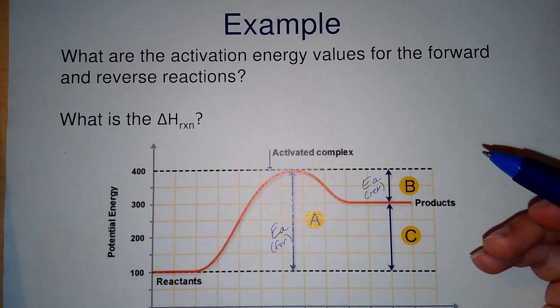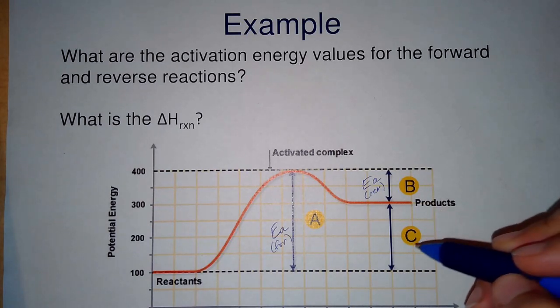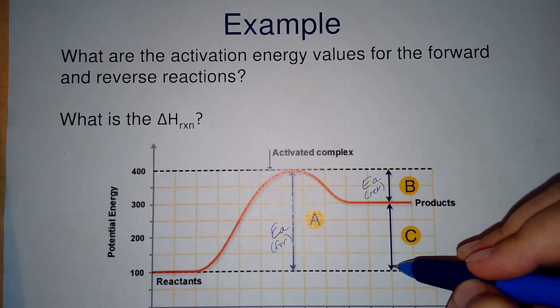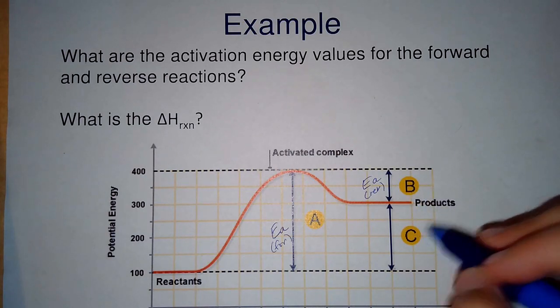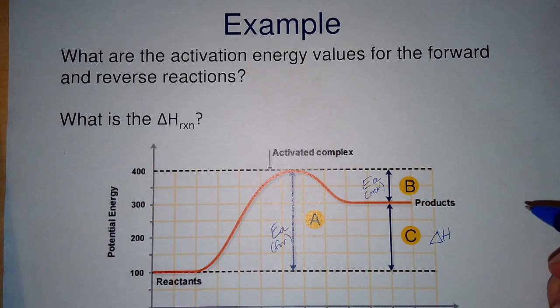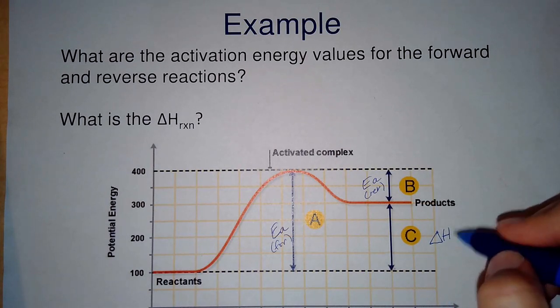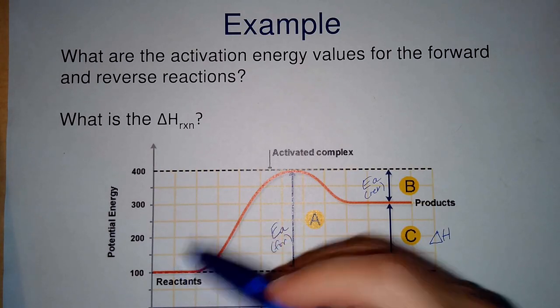Alright, we can also calculate the delta H for the reaction by looking at the difference between the energy of our initial position, or our reactants, and the energy of our products. So C here is the label for the delta H for the reaction. And when we have a scale, we can calculate the energy for each of these.